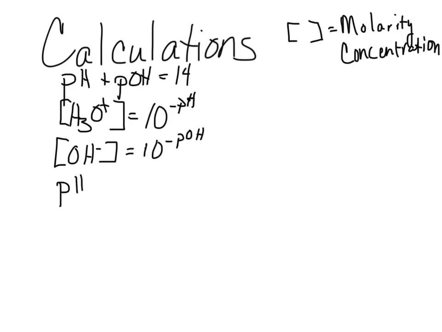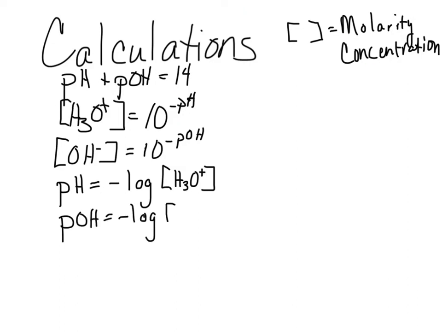Now, to find pH from a concentration, we're going to use the negative log of the H3O+ concentration. To do pOH, we're going to do the negative log of the OH minus concentration. I hope that you see that there is a little pattern here: it's really the same two equations. These are the same two and these are the same two.